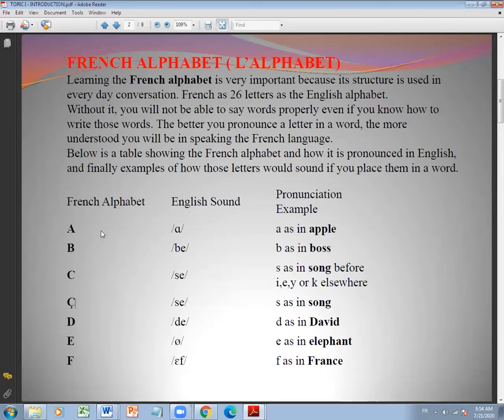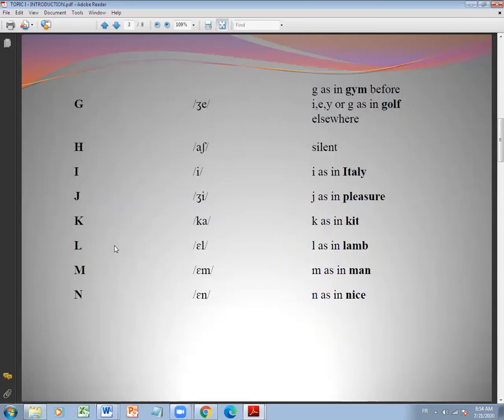So we say A, B, C, D, then E, not O, okay? Then we say F, the same sound as in English. Then we say J, not G, but J. Then H. Then I, not I but E, like in Italy.